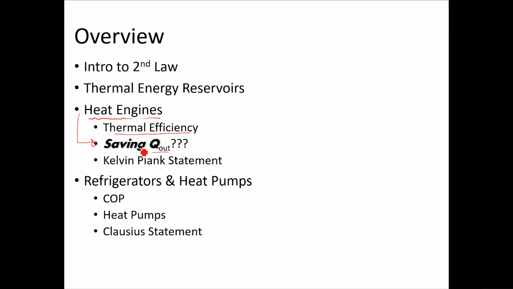This is a necessary question that would be addressed within the same domain. Then, once you understand the thermal efficiency and the need of the heat dissipation process in order to operate a heat engine, you will move towards the statement that defines the second law.